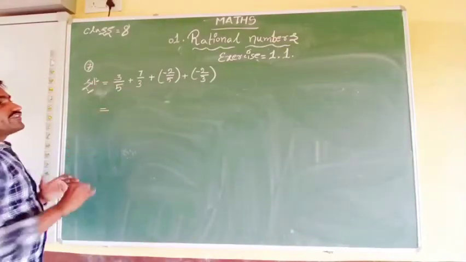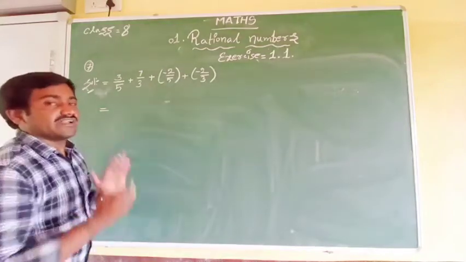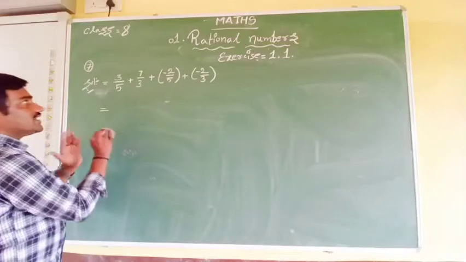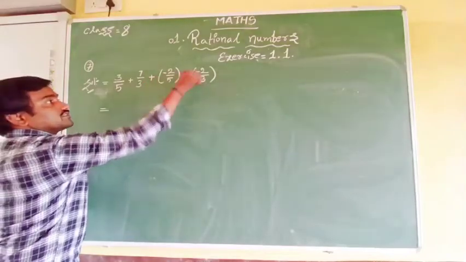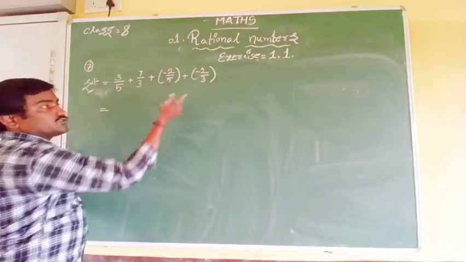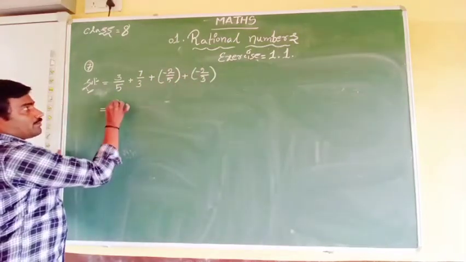Okay. What arrangements are required? See, if you write like fractions together, like rational numbers with the same denominator, write them together. First of all, let us simplify these symbols first. Plus of minus 2 by 5 plus of minus 2 by 3. These two we will simplify now.